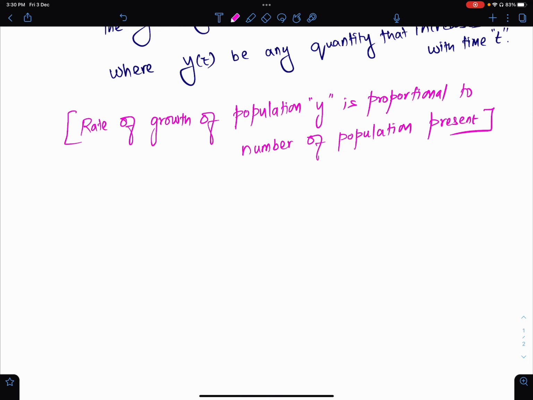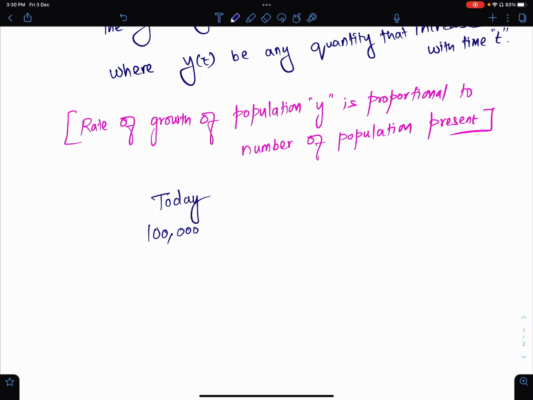The population here can be anything. For example, consider the corona cases around the world. Today there are 100,000 corona cases all around the world.